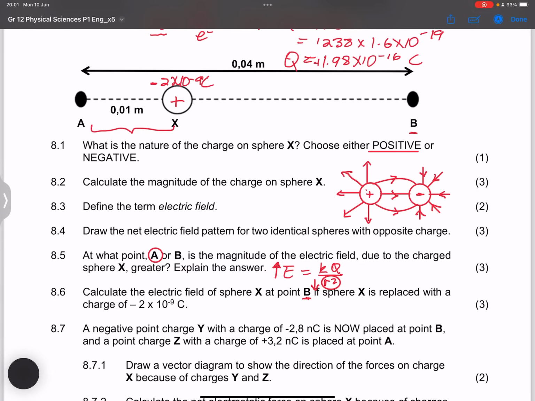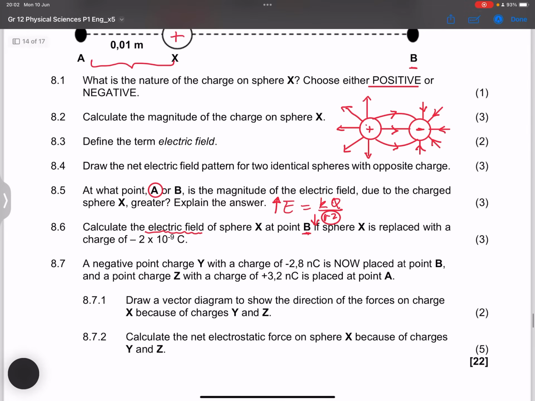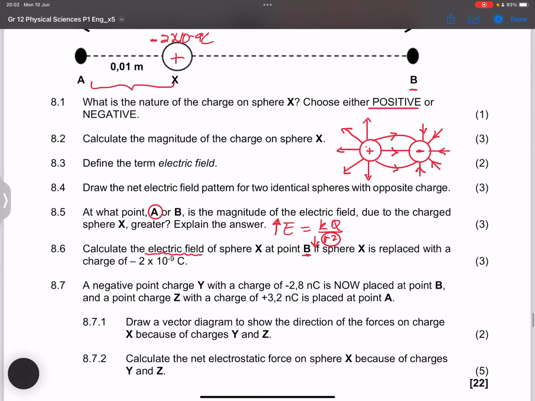What we want to calculate, remember, is the electric field at point B. So we're going to treat B as a positive test charge.